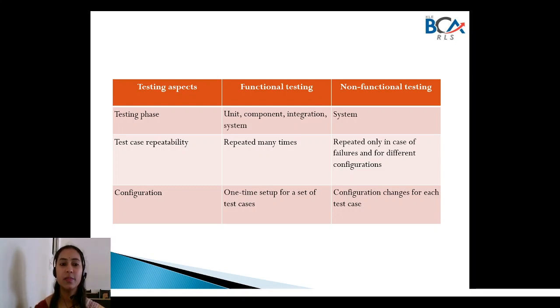Test cases are repeated many times in functional testing, and in non-functional testing, repeated only in case of failures and different configurations. Coming to configuration, functional testing has a one-time setup for the set of test cases, but for non-functional testing, the configuration changes for each test case.